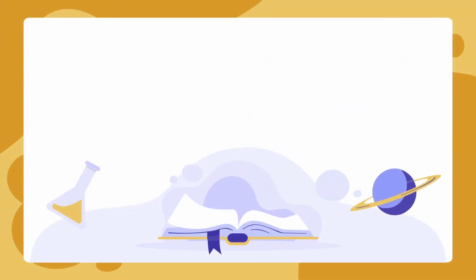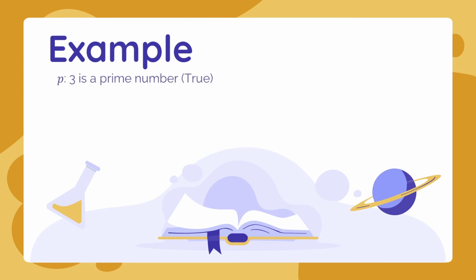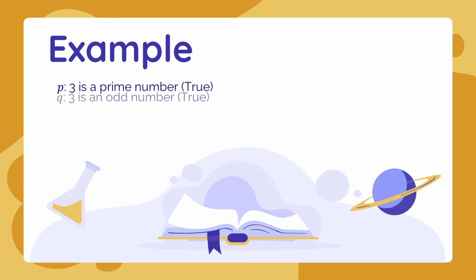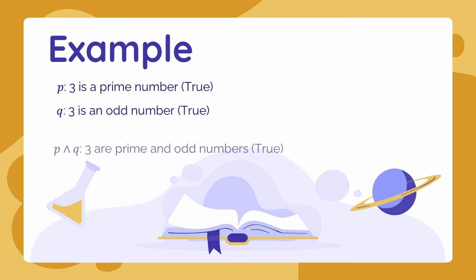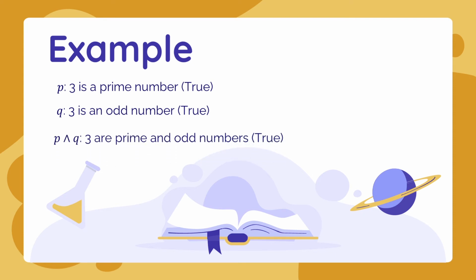For example, P: 3 is a prime number, statement is true. Q: 3 is an odd number, statement is true. Then, P and Q: 3 is a prime and odd number, statement is true.